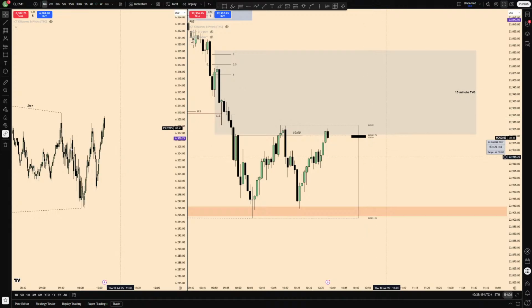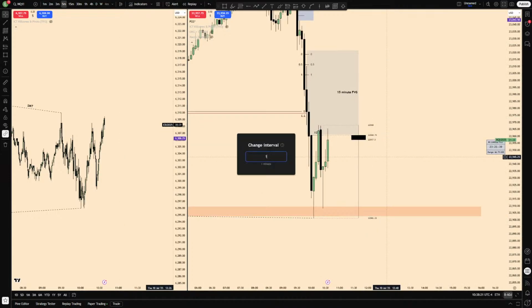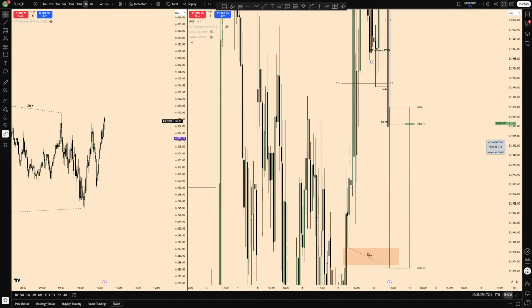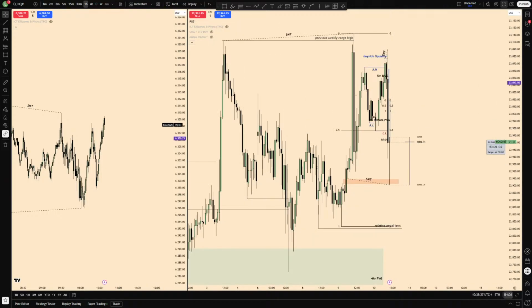Depending where this hourly candle closes, it'll give us a lot of information, because if we close way back up in this range after rejecting off that 4 hour, while everything else is still holding bullish.